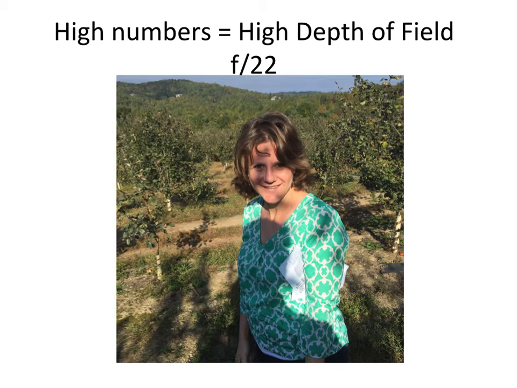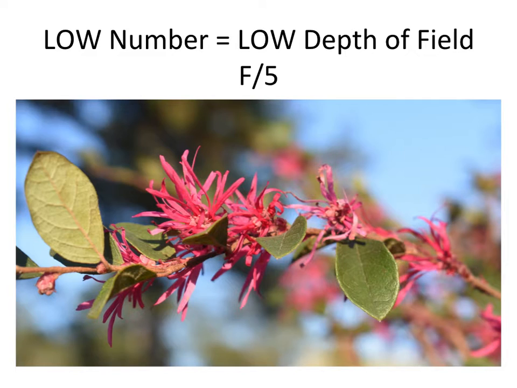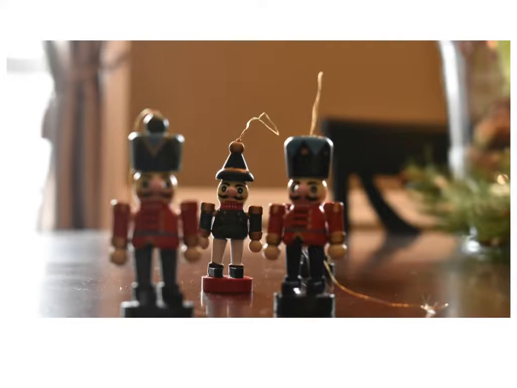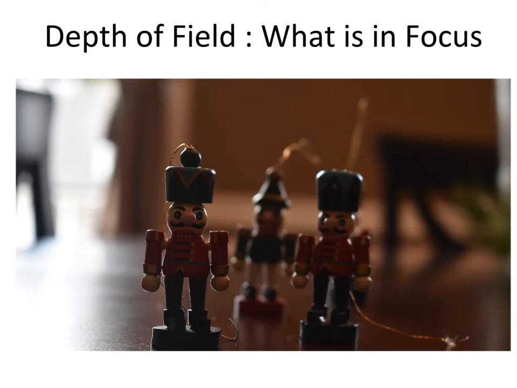It has a very high aperture number because it wants to make sure that it's not missing something that you wanted to be in focus. So if you have a camera, you get the ability to choose the different depths of field, or what's in focus.